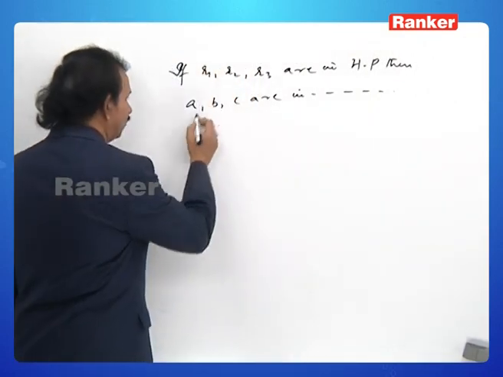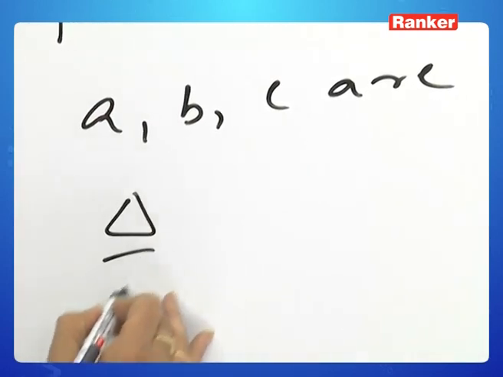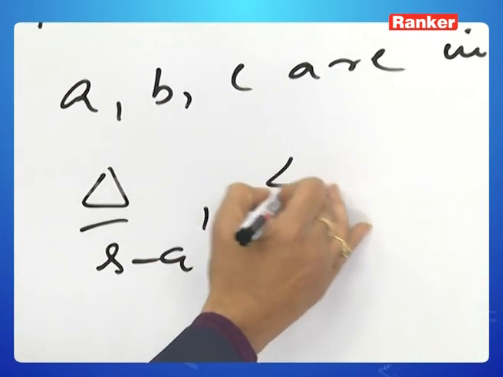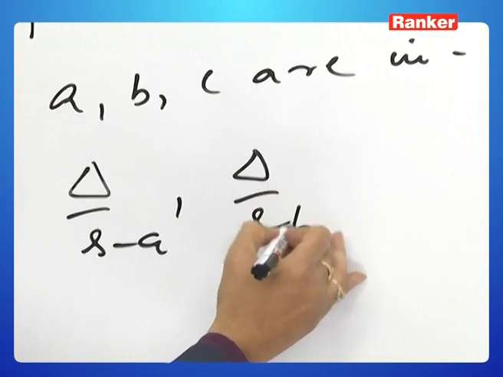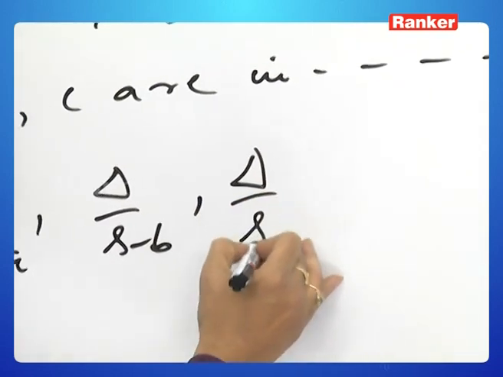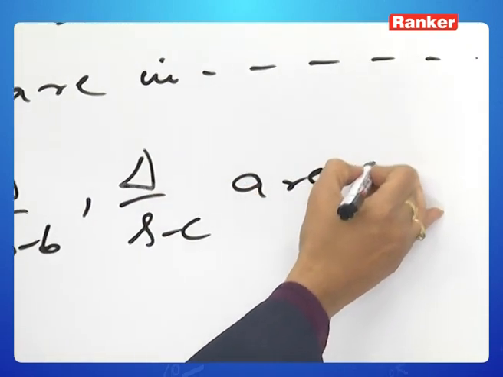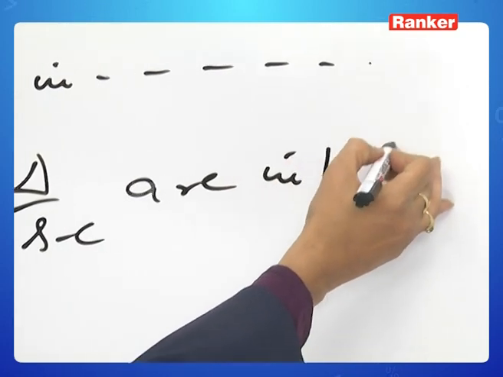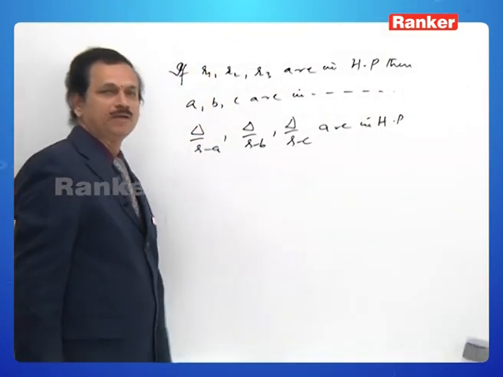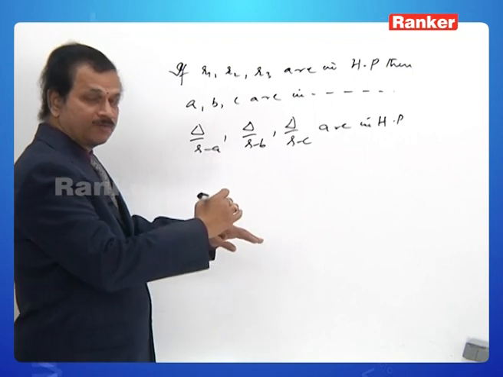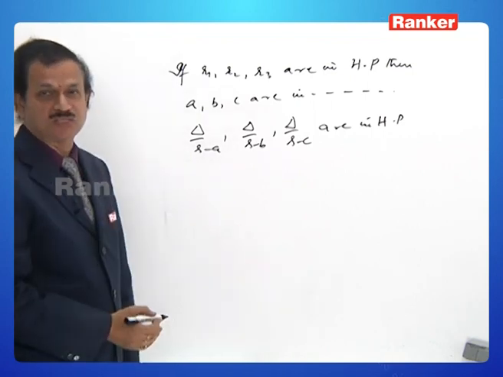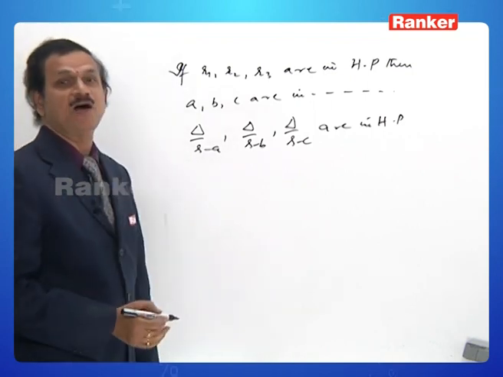From data, what is r1? Delta by s minus a, delta by s minus b, delta by s minus c are in HP. That is the harmonic progression. So if you take the reciprocals of these terms, they definitely form an AP.